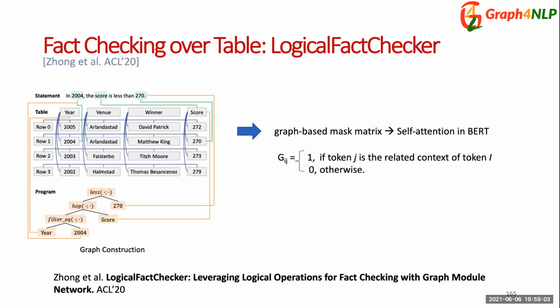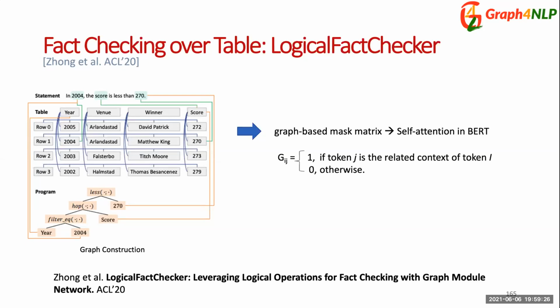Each of those is represented as a node, and they're also hierarchically connected along the existing logical structure. In addition, arguments are also linked to the corresponding column names in the table. And then in the statement, each token is a node, and then they are connected to each other.